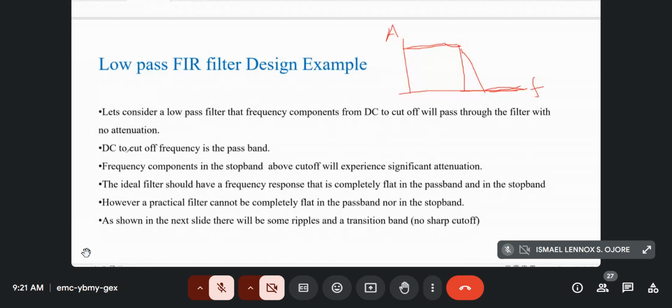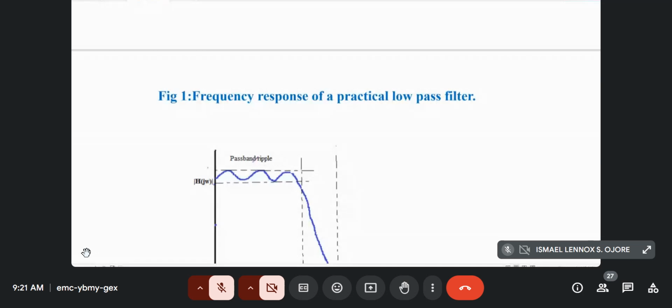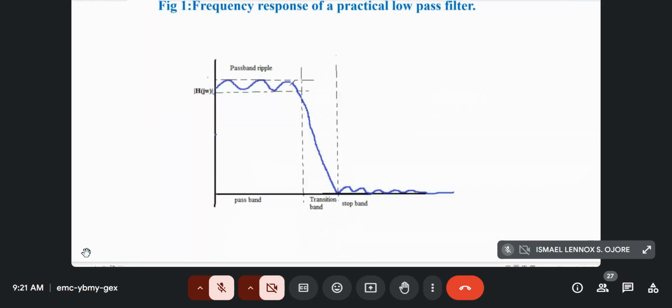Let's proceed. And that is a practical filter. That will be a practical low-pass filter. Not only does it have a transition, it also has some ripple in the pass band and also a ripple in the stop band.